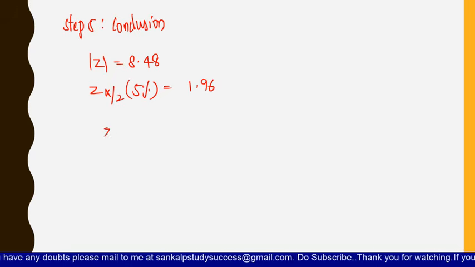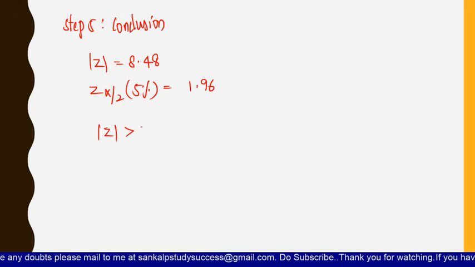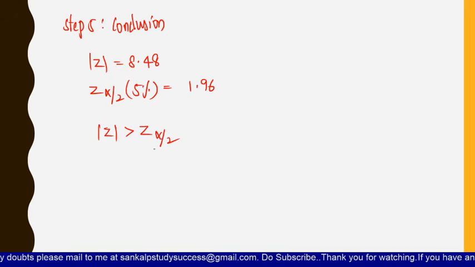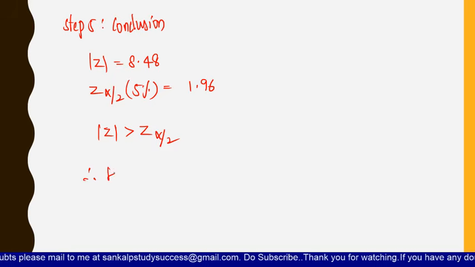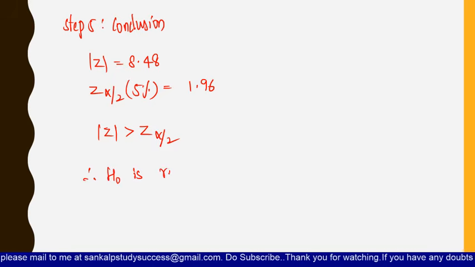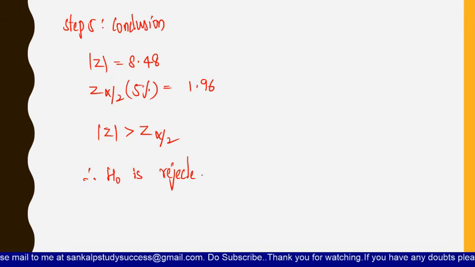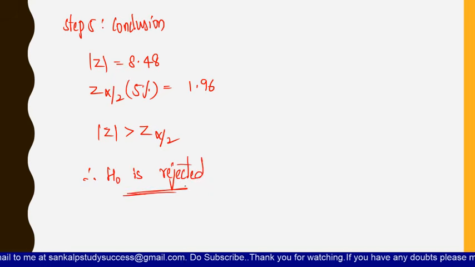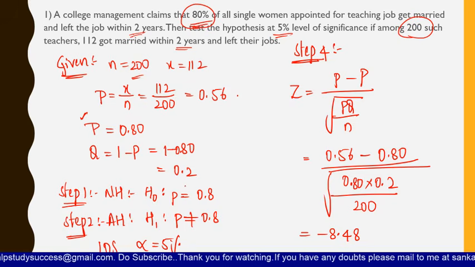Here mod Z, that means the calculated value, is greater than Z alpha by 2. Therefore, the null hypothesis is rejected. So in this way we will conclude that the null hypothesis is rejected. So using the test statistic formula, we specify whether the null hypothesis is accepted or rejected.